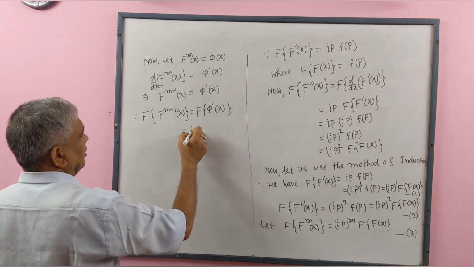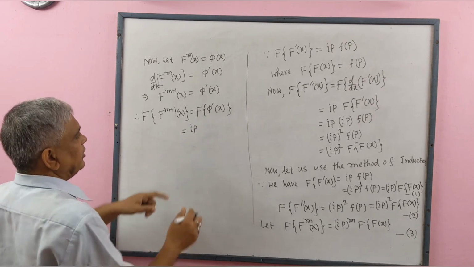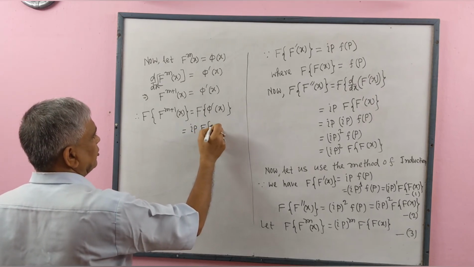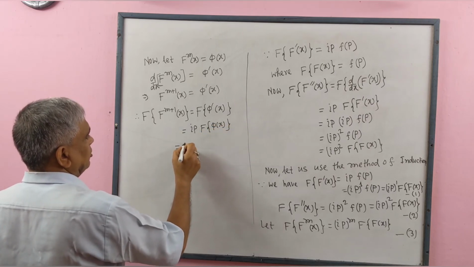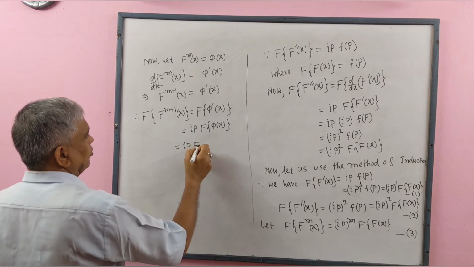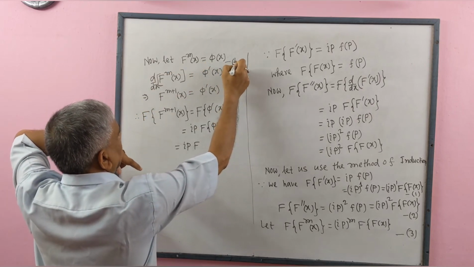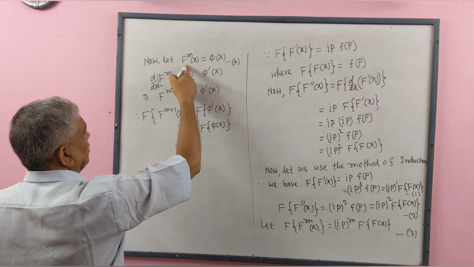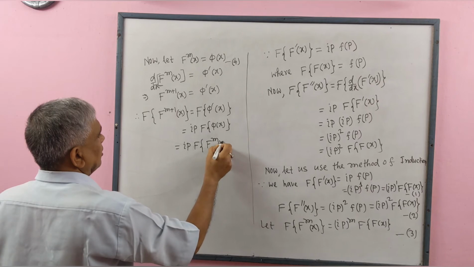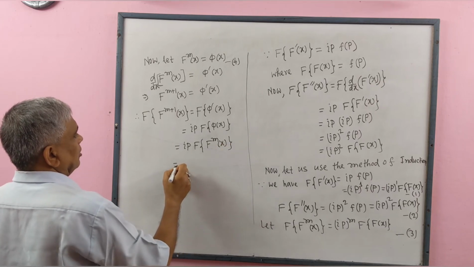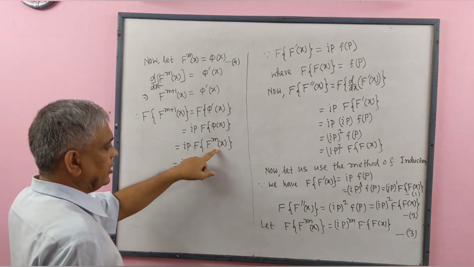This means ip, for the first order derivative, so we take ip outside, and the Fourier transformation of phi x. This equals ip times the Fourier transformation of phi x. Let this be 4. Phi x means the mth order derivative of f(x). So ip times the Fourier transformation of the mth order derivative.